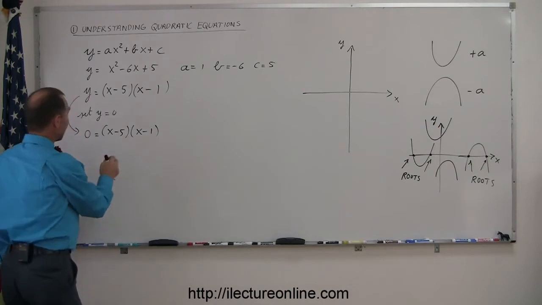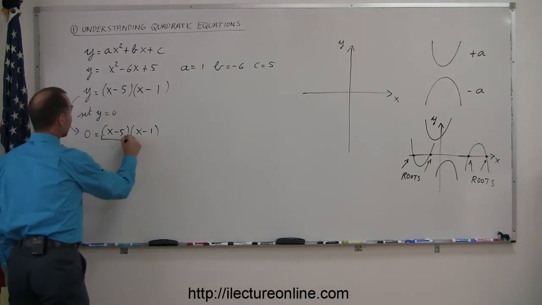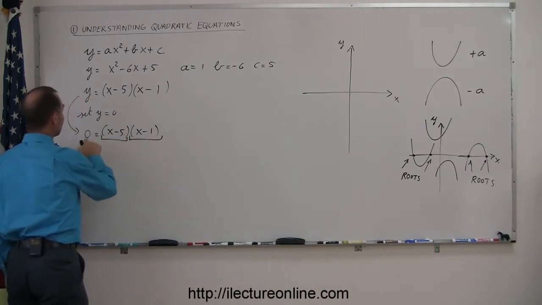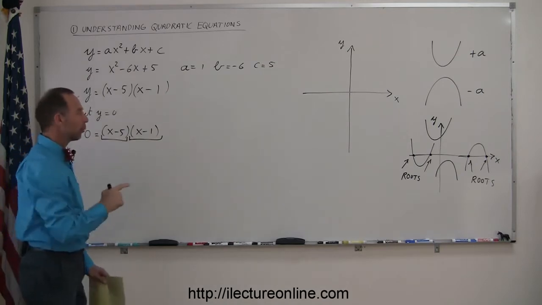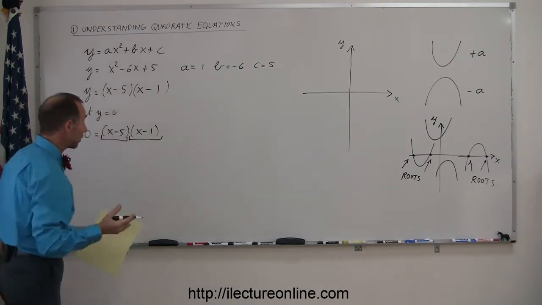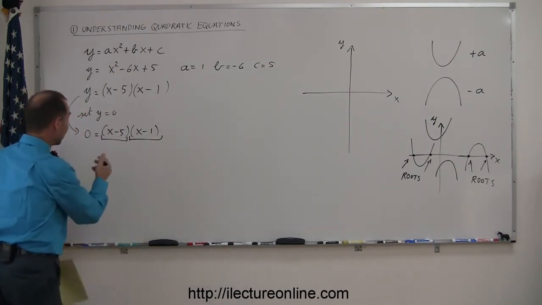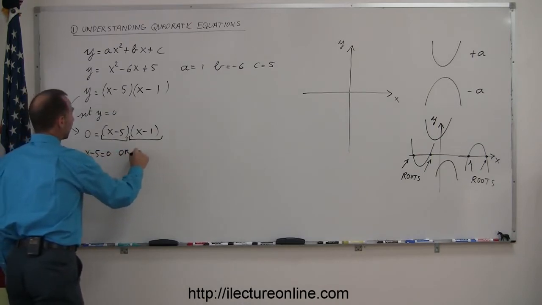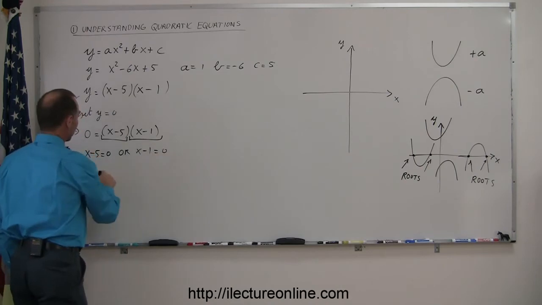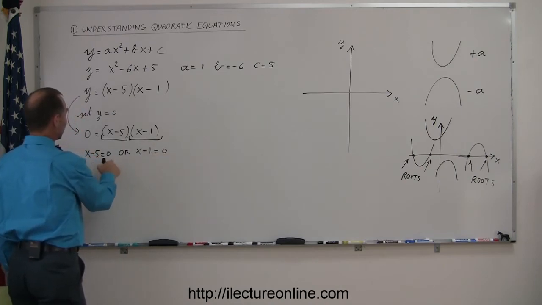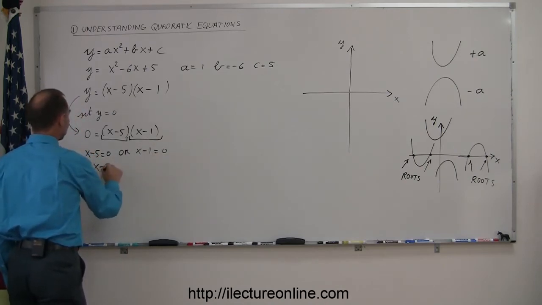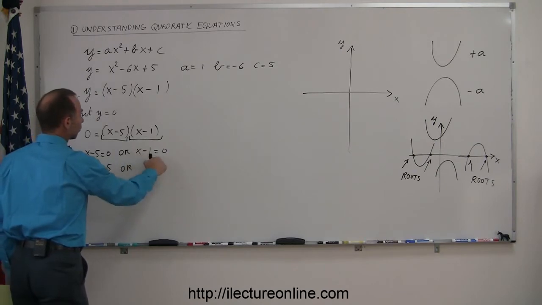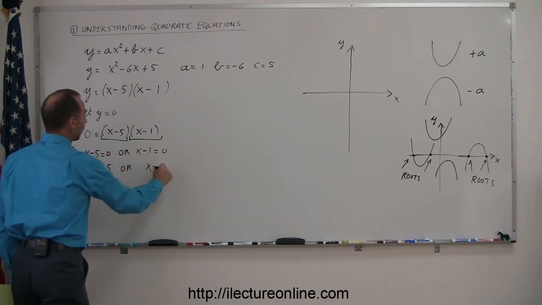All right, now if I have two quantities multiplied together and the result is 0, that means one or the other must be 0, because the only way you can multiply two things together and get 0 is if either x minus 5 equals 0 or x minus 1 equals 0. And of course, if x minus 5 equals 0, then x must equal 5. Or if x minus 1 equals 0, then x must equal 1.